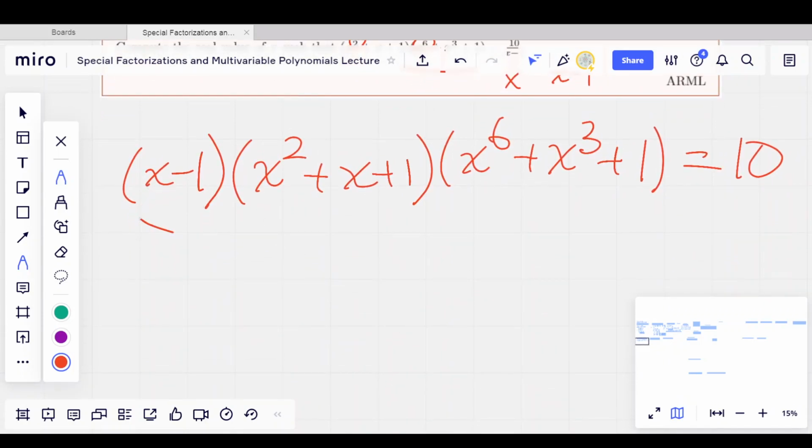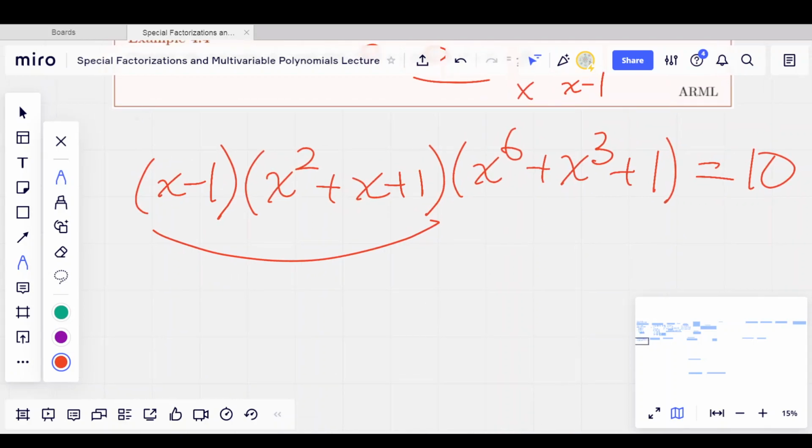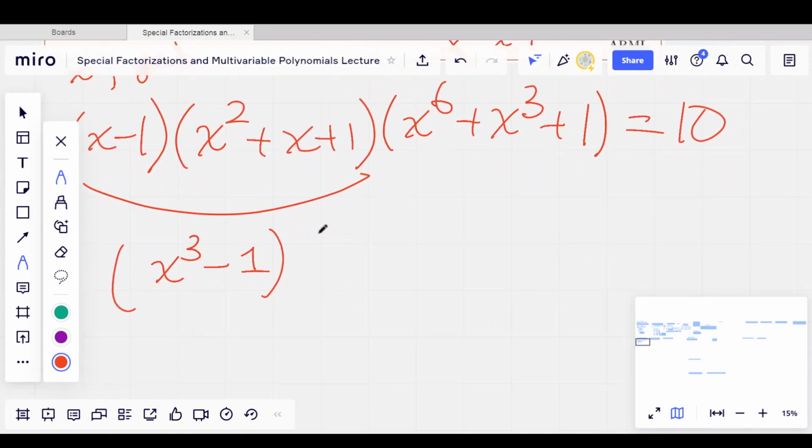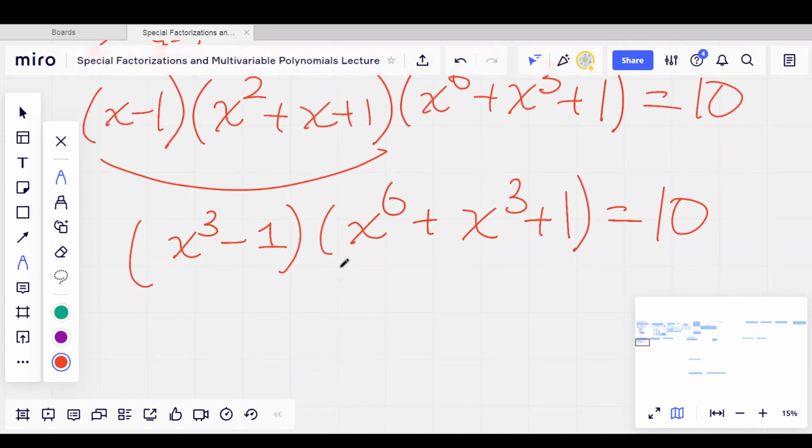So if you let x equals x and y equals 1, you will just get this. So x cubed minus 1, because we have this difference of cubes factorization. And as I said, this x to the 6th should also hint you to the right solution.